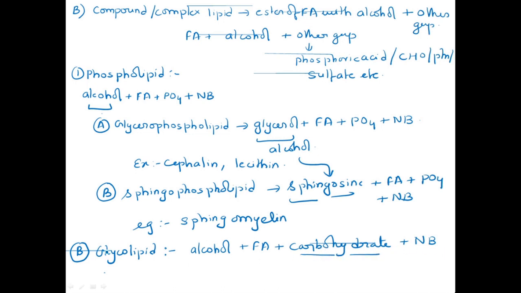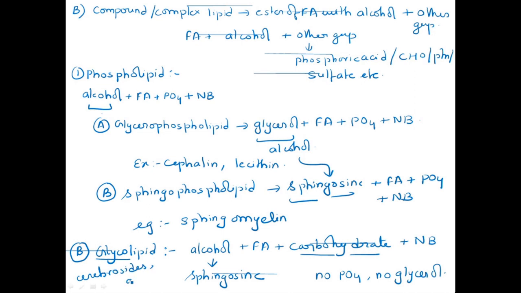From this carbohydrate only this glyco word has come, and sphingosine is the alcohol present in glycolipid. No phosphate group and no glycerol is present in glycolipid. Examples are cerebrosides, gangliosides.